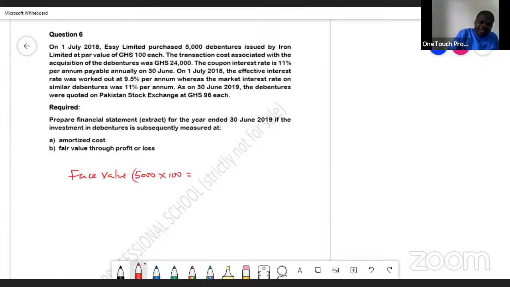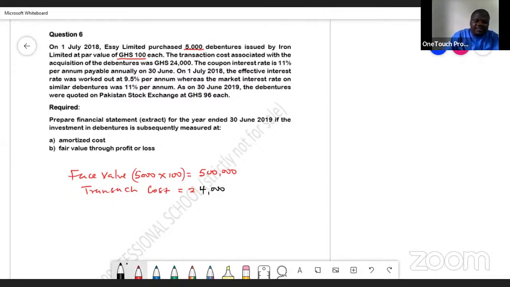So we can see that that is 500,000. They said 5,000 debentures at 100 cedis each. The transaction cost associated with the acquisition of the debenture was 24,000. So we have the transaction cost, 24,000.